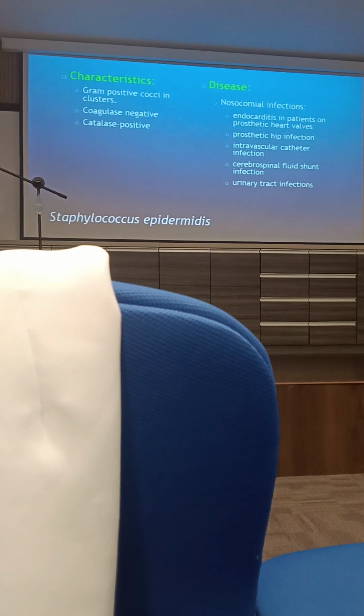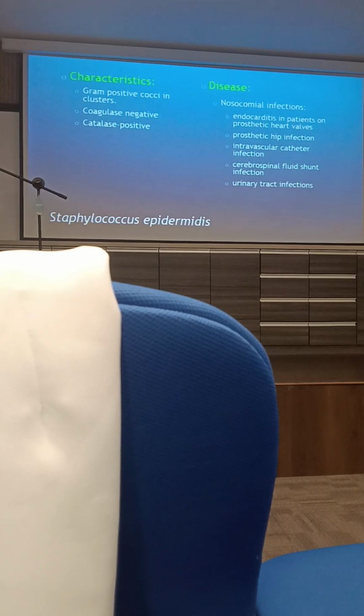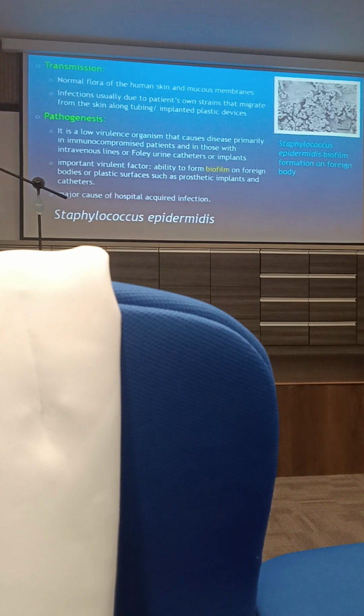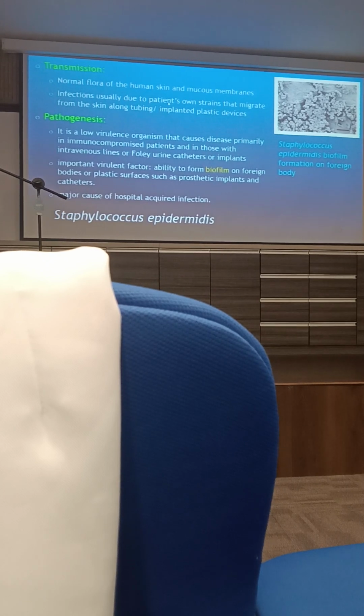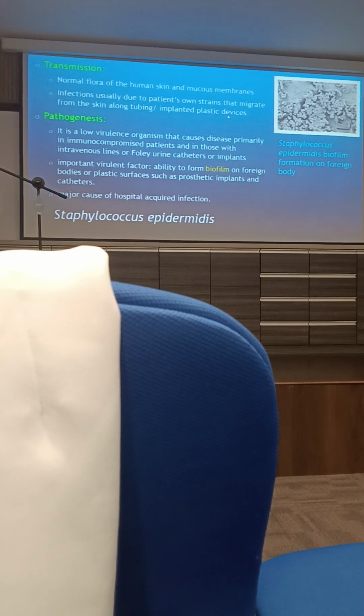doesn't cause infection on the skin. If it breaches the skin barrier and gets in, then it can produce biofilm, like this. So infections are usually due to patients' own strains that migrate from the skin along tubing or implanted plastic devices.